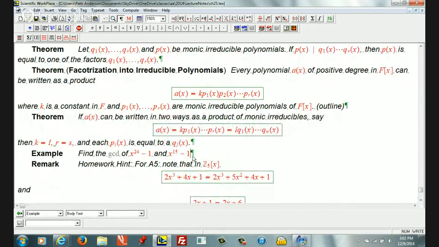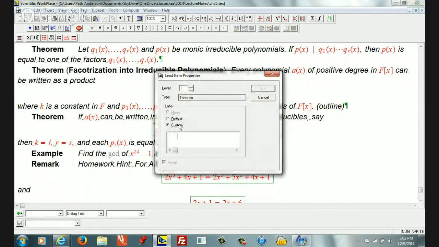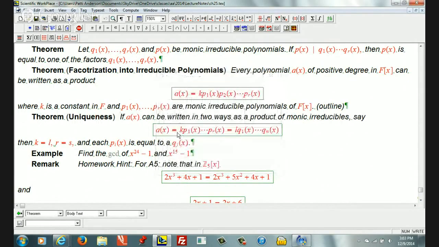By the way, the last part of the theorem is showing uniqueness, and this is a very cool, slick argument. They say if A is equal to one product and another product, and the p's and q's are all monic irreducible, then you have just the constants, the k and the l.